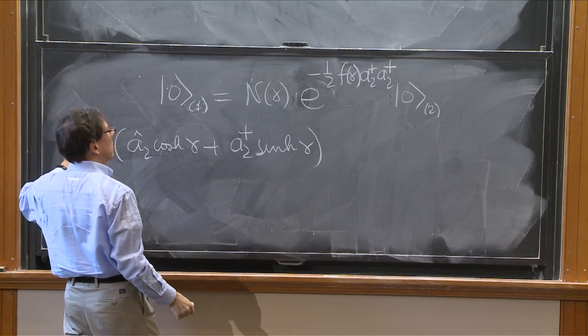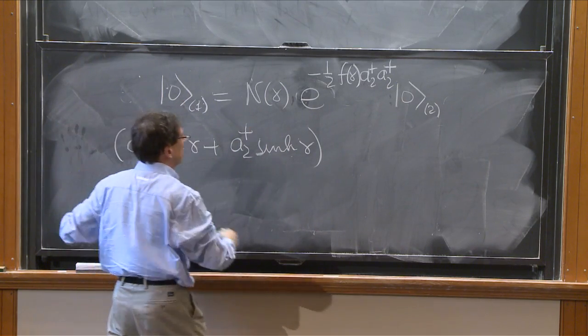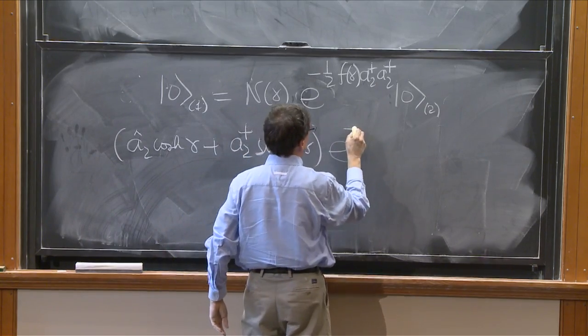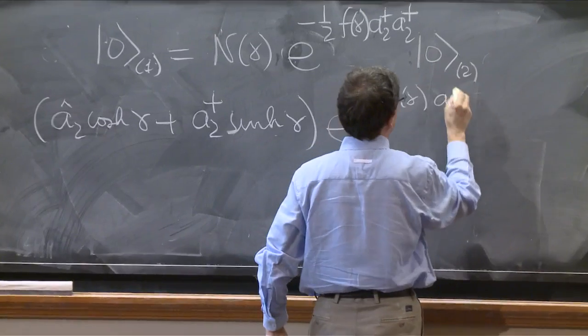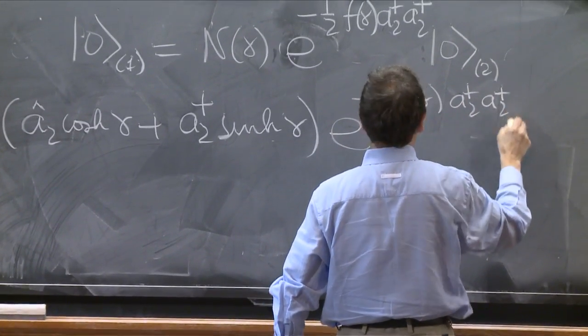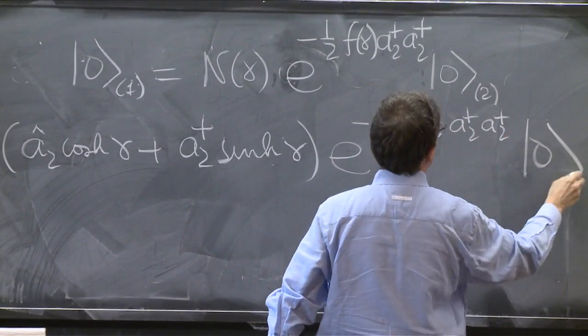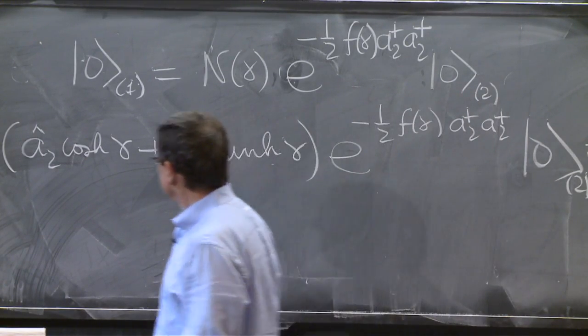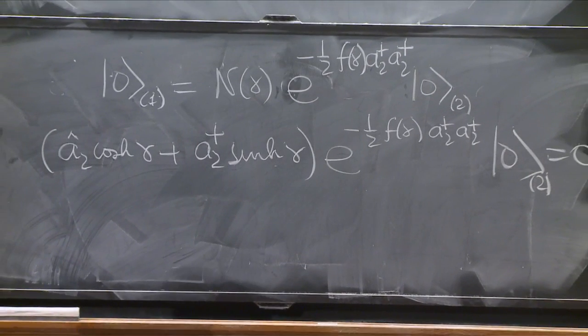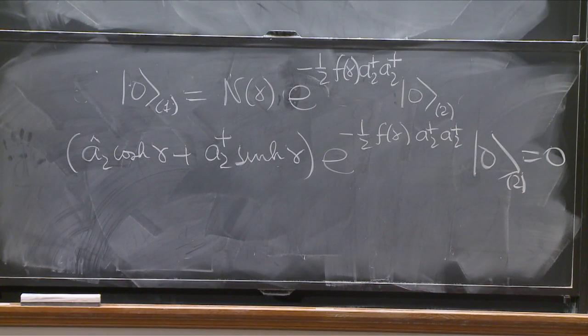So the n is going to go outside. It's a number. So acting on e to the minus 1/2 f of gamma A2 dagger squared on the vacuum sub 2, that must be 0. Okay, how does one solve this?